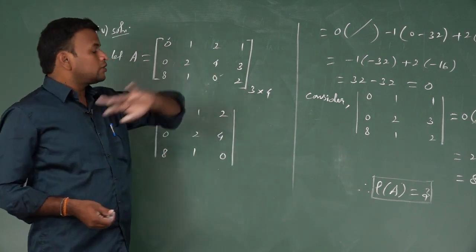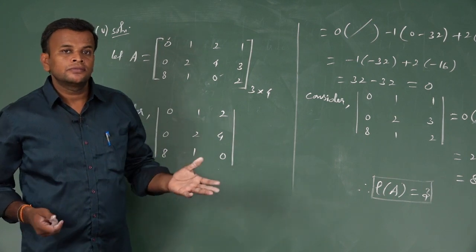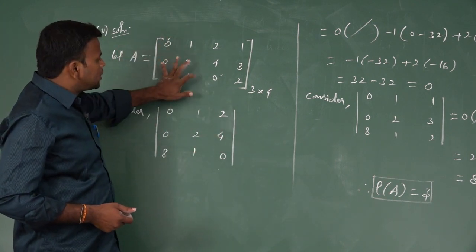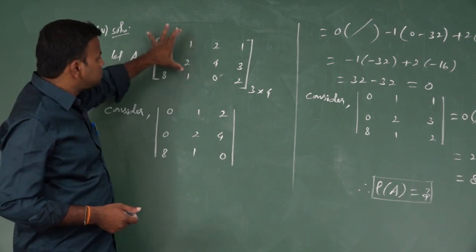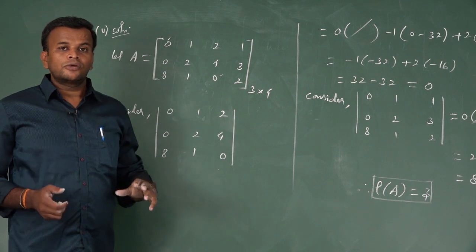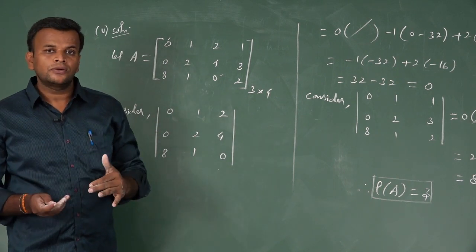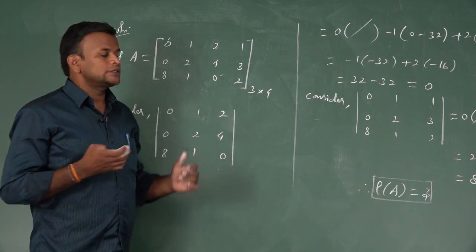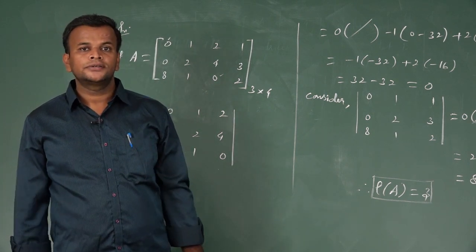Suppose this value is also 0. What is the next step? We leave the first column. We take second, third, fourth, and consider it as 1, 2, 3. We find that value. Suppose all values become 0, then we move to 2 by 2. So this method is called the minor method.